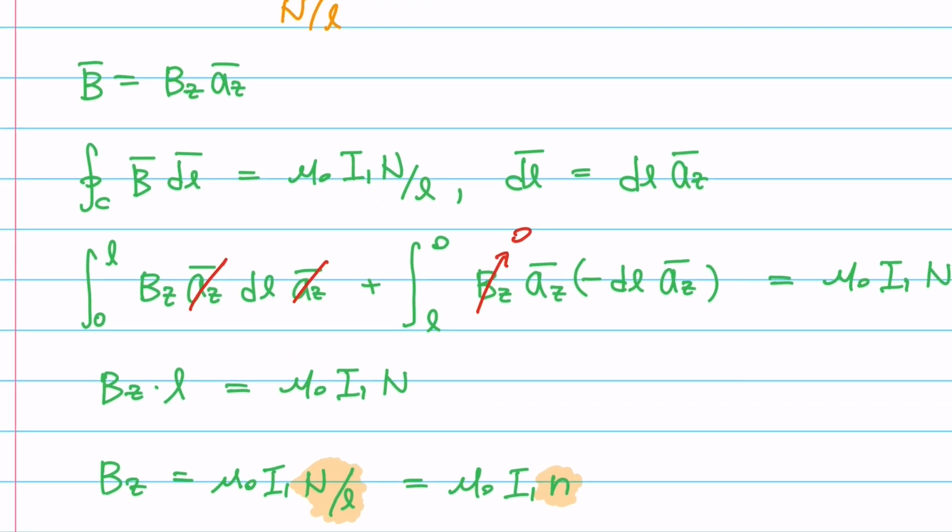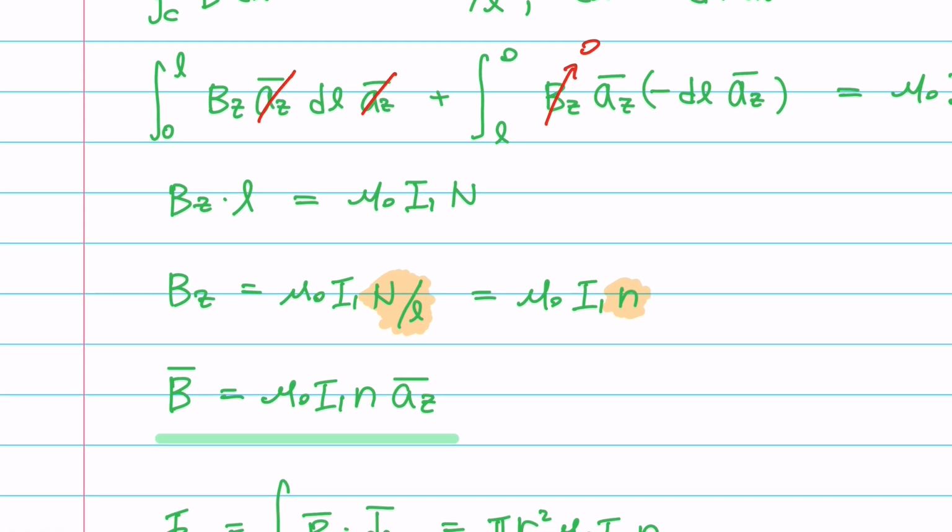So a lowercase n over here is a capital N divided by L. That's the number of turns per unit length. This is a scalar because it doesn't have a hat, but if you add a hat, then you have to multiply az to it. So it's mu 0 I1 times lowercase n, which is N divided by L, multiplied by the unit vector in the z direction, because the B vector is in the z direction.